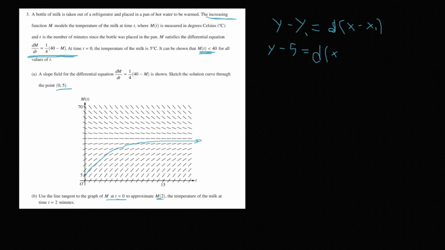Let's actually use the letters here. Let's call this m, which is the y variable, and instead of x, we're going to do t, because these are the variables. Let's put everything in terms of these variables, and this is just minus 0. Not dt, d times t. That's not going to get confusing at all.